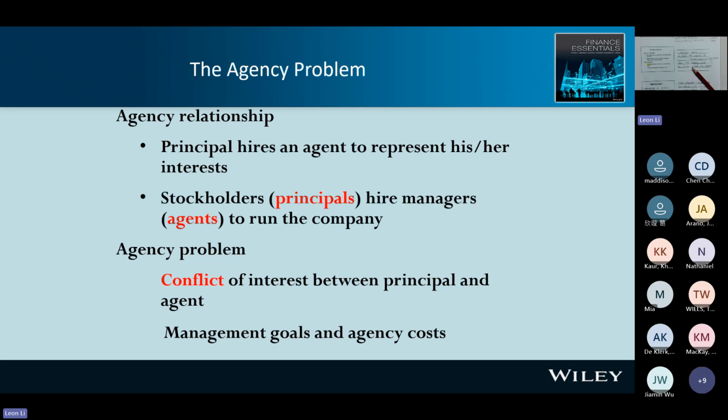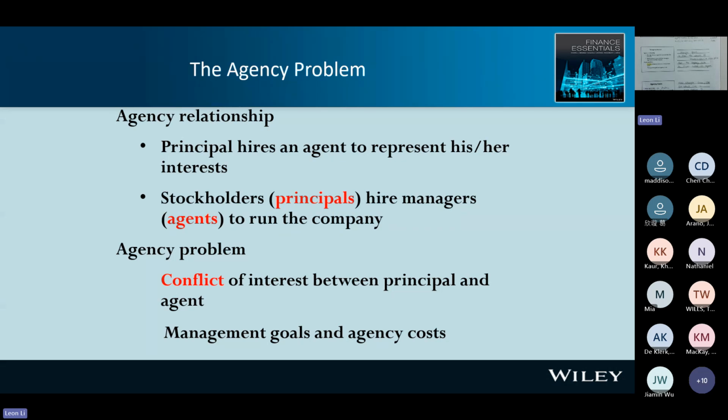However, we can see the conflict between manager and owner. So let me use myself as an example again. For example, a house. I'm a house owner. I'm the principal. Right? If I want to sell my house, I will hire an agent, for example, a real estate agent. And you can see the conflict between me and my real estate agent.